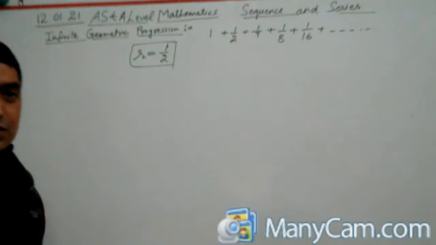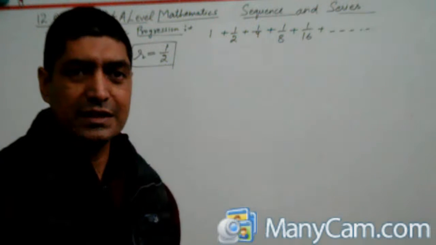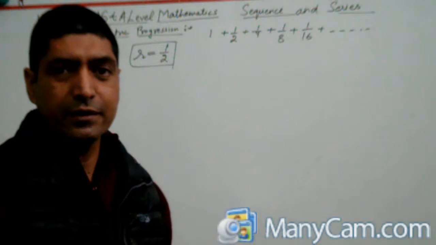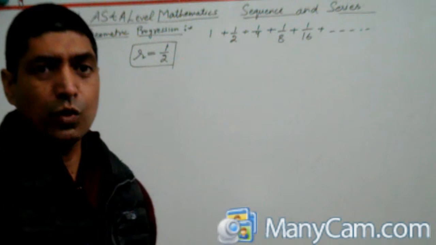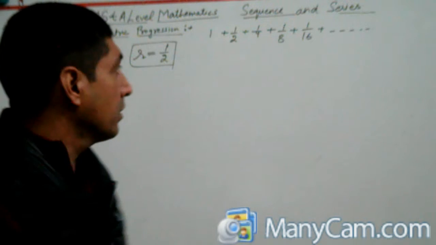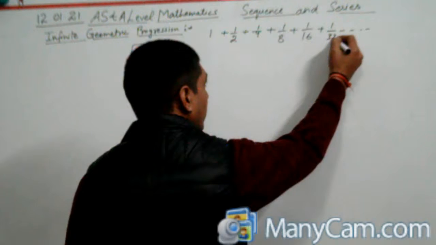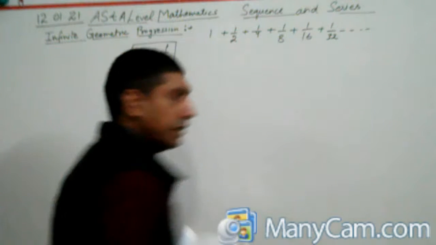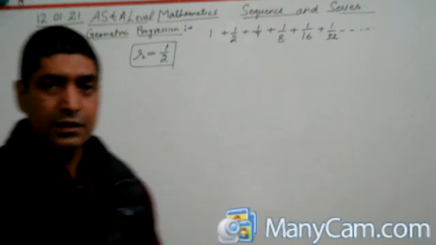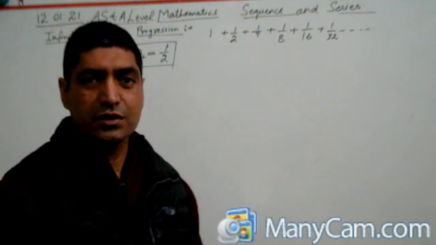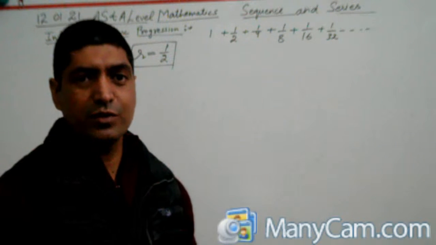So this geometric progression is infinite because we have no last term. It goes on, 1 upon 32, 1 upon 64, and so on. This kind of series is a geometric series.